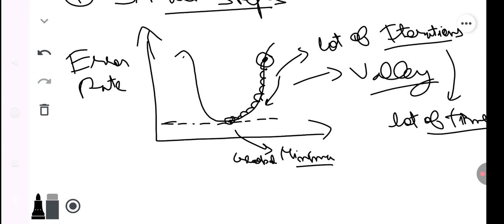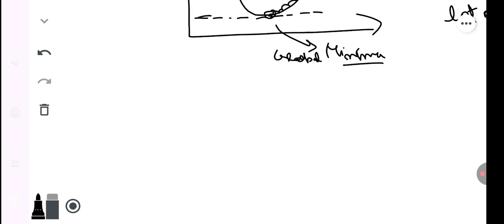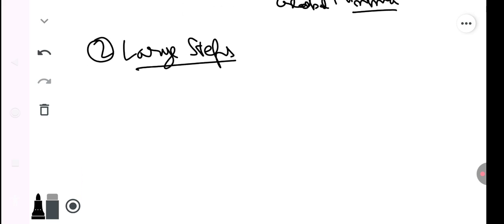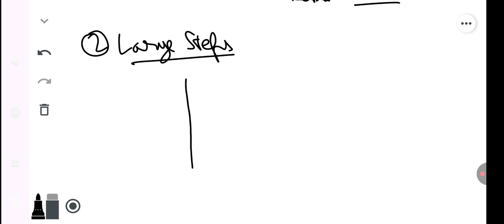And if I talk about another type of iteration, suppose we are doing the opposite of small steps, we are taking very large steps.